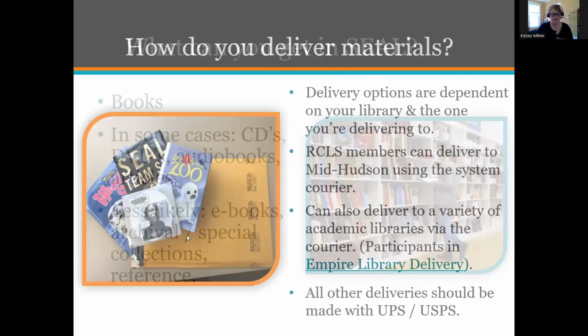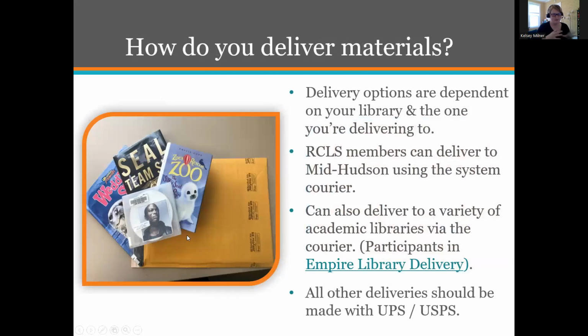So the last thing that I want to touch on before going into the demo is delivery. And delivery is really the backbone of interlibrary loan. As RCLS libraries, you can actually use your courier to deliver to many other SEAL libraries. This includes libraries in the Mid-Hudson library system. The two system couriers meet twice a week to exchange materials.